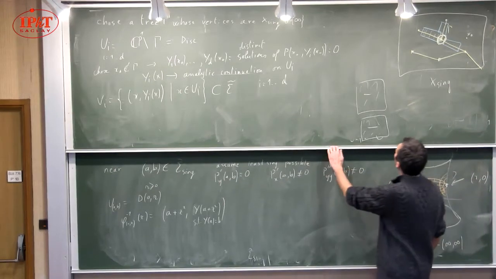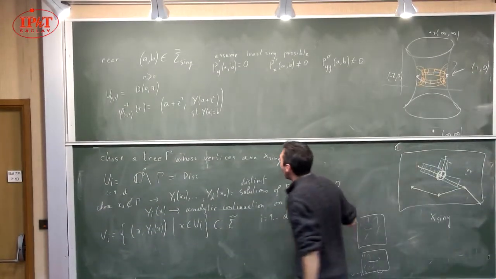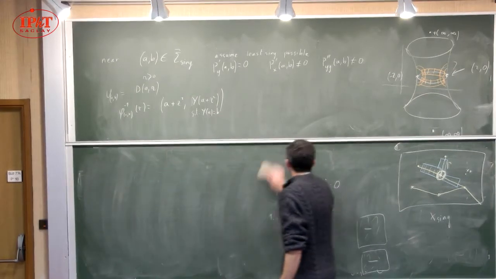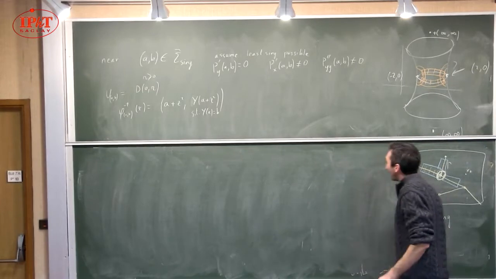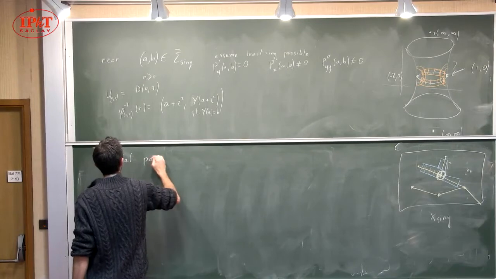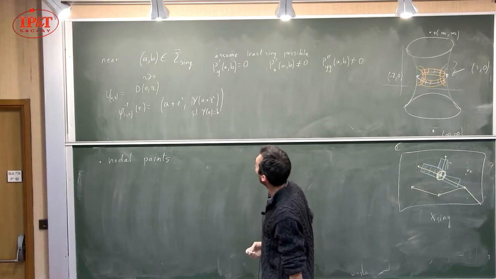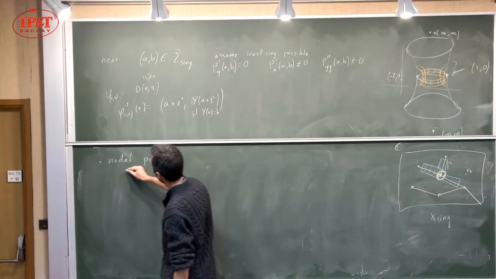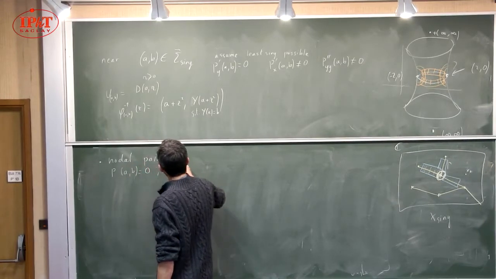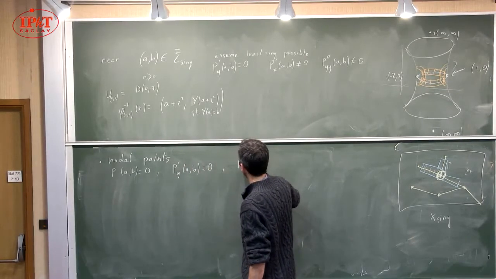But there is one type of singular point I want to insist on. And what kind of singular points is the kind of singular points that can arise when, that's called nodal points. Nodal points are points where P of (a, b) equals 0, P prime y of (a, b) equals 0, so they are singular points, but they are such also that the x derivative vanishes.